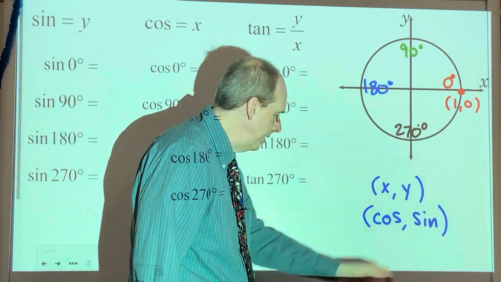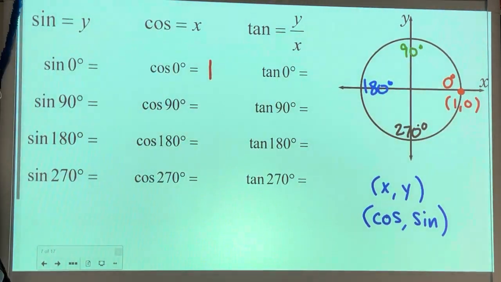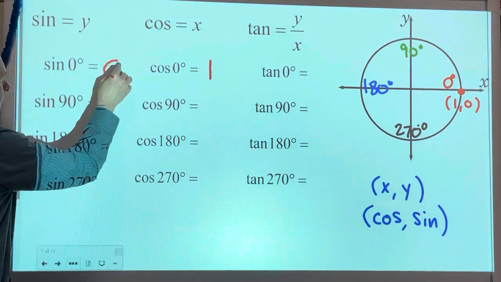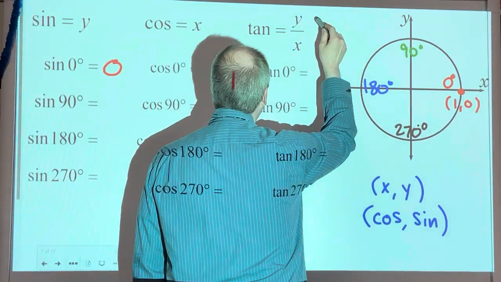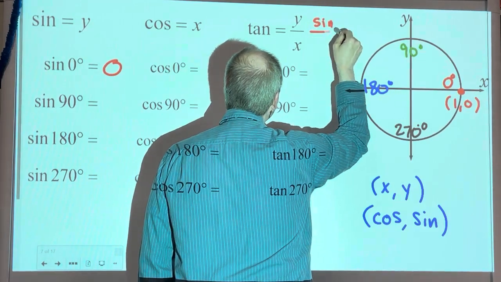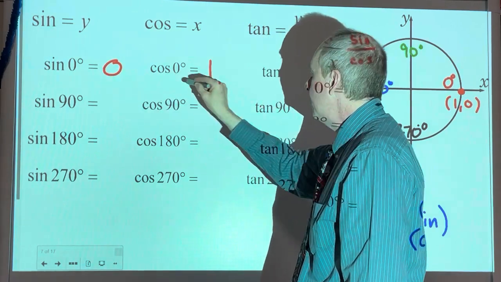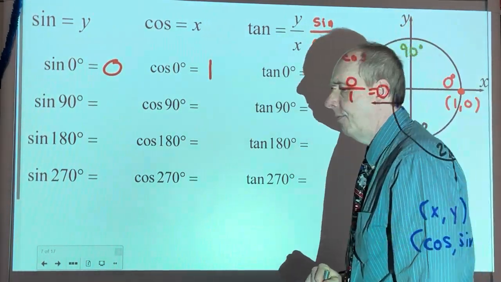My answer is 1. Sine is second. My answer is the second number, 0. To find tangent, we would take sine divided by cosine, y divided by x. 0 divided by 1 is 0.